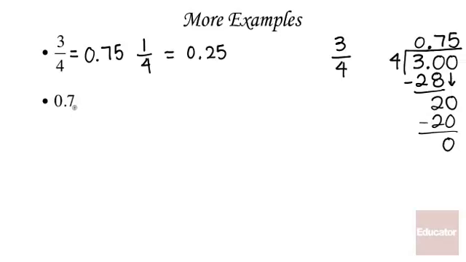Right here, 0.7. 0.7 is the same thing as 0.70, right? So 0.7 is the same thing as having 70 cents. Now, what gives me 70 cents?